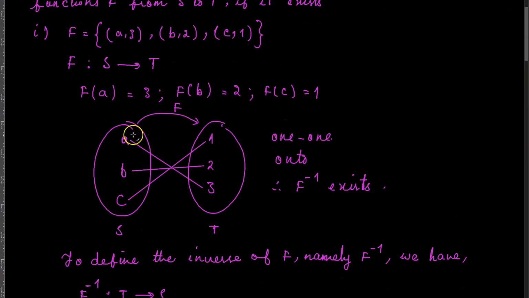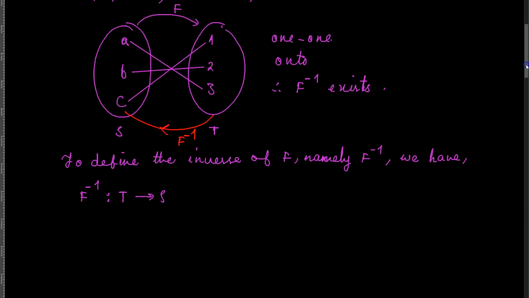This function f maps a to 3. The inverse, f inverse, maps, for example, 3 to a, 2 to b, and 1 to c, right?